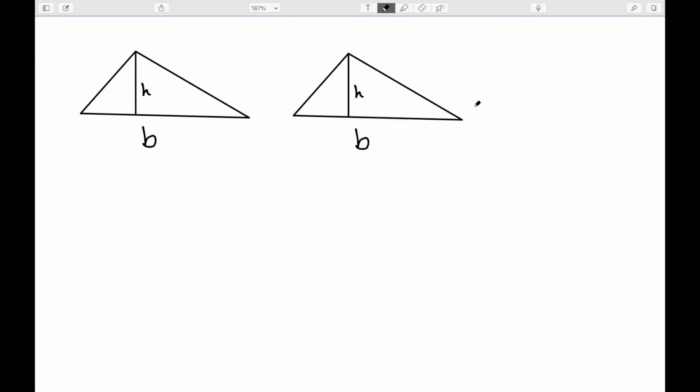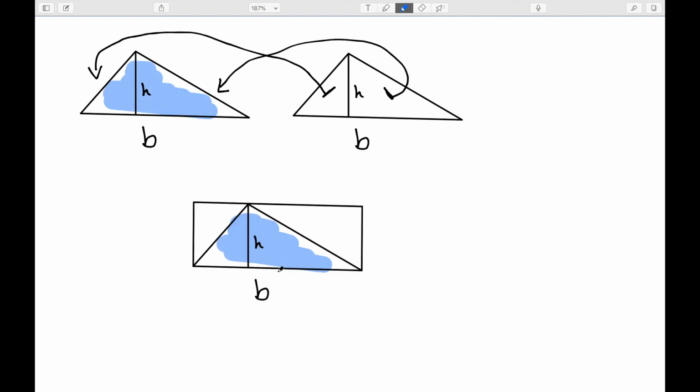Well, I am still going to start with a second copy of the triangle. And I'm going to take this half, flip it over and attach it here, and take this half and flip it over and attach it here. So if I color code this, I can see my main triangle down here at the bottom of this rectangle.